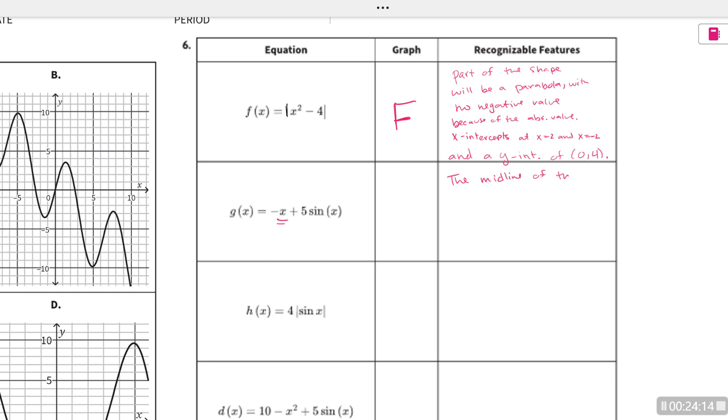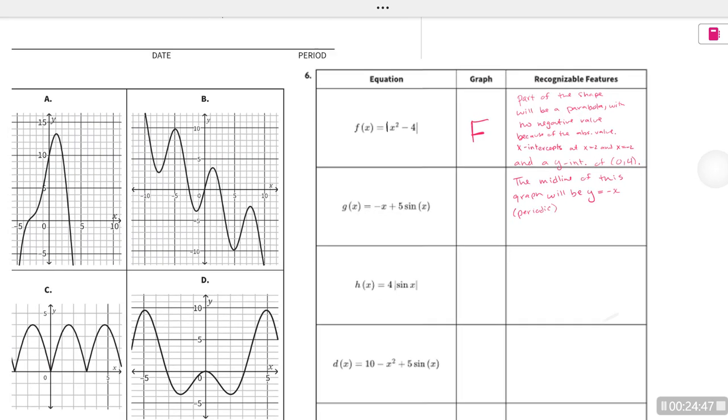Remember the midlines are added at the end of this, so the midline of this graph will be y equals negative x. So we're actually looking for something that looks periodic on both sides, so I'll just put periodic. So it's a periodic function with that midline of y equals x.